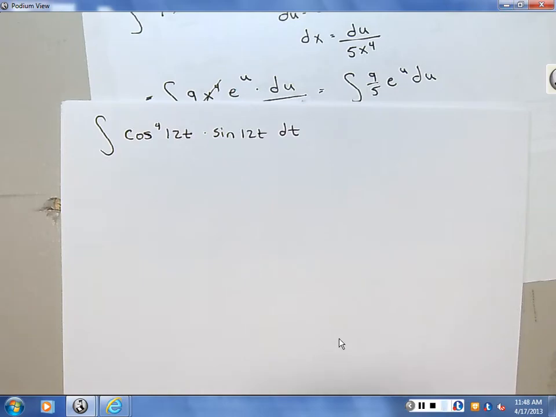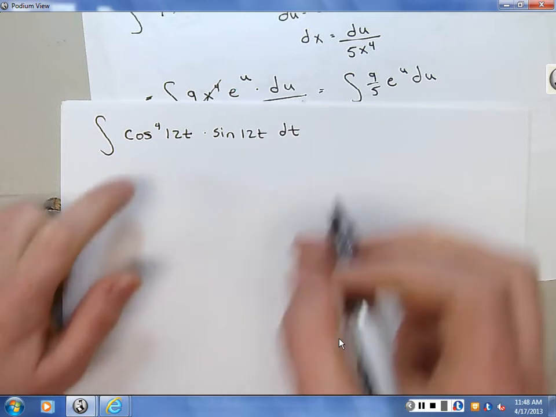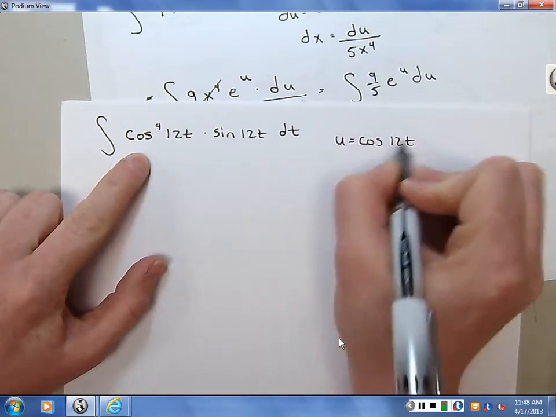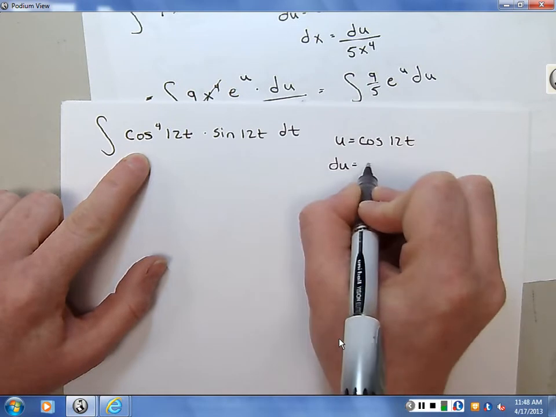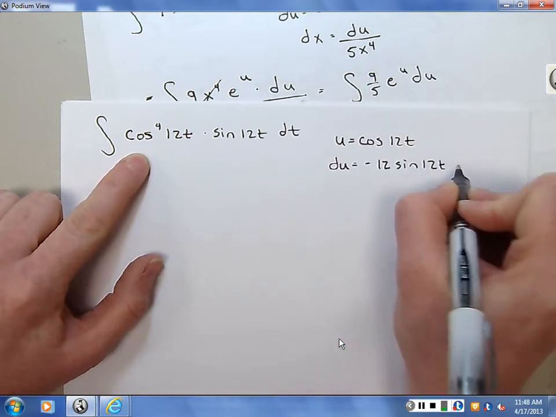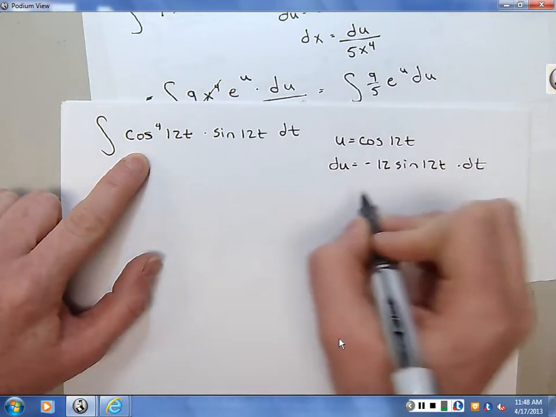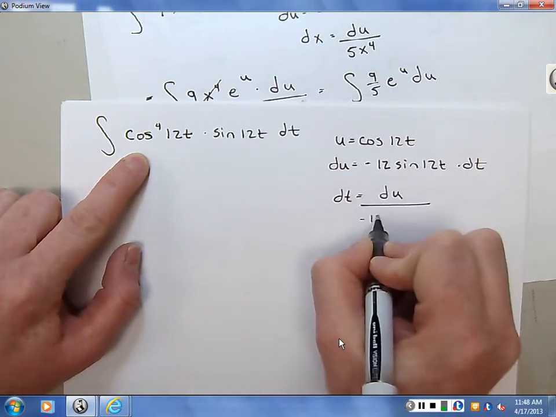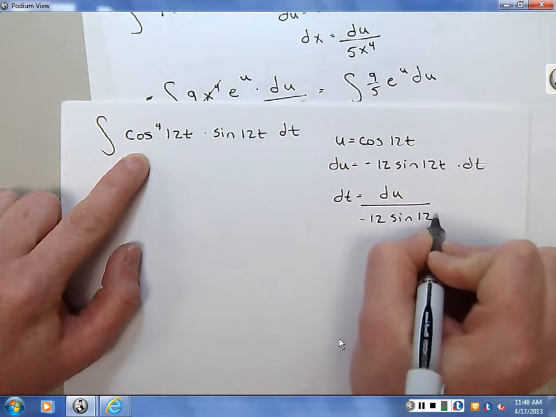You're going to know when you pick the right u whenever you don't have any t's left. Right? Exactly. So here, u would be just cosine of 12t. The derivative of u would be minus 12 sine of 12t dt, right? So let's go ahead and solve for dt, which would be du over minus 12 sine of 12t.